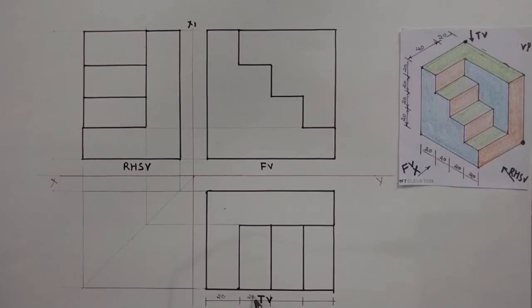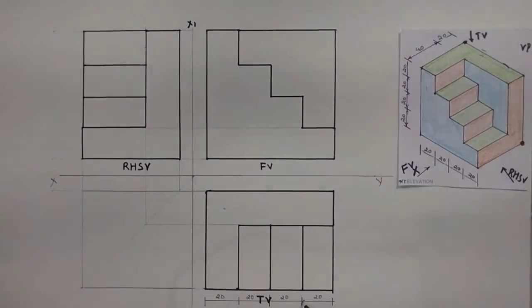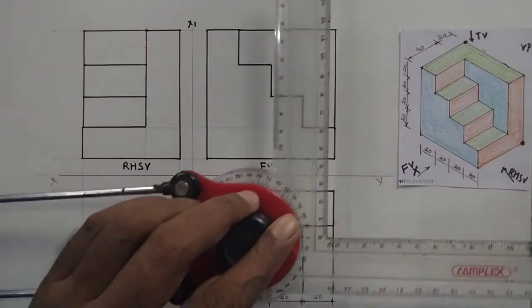So I mark the 20 and bound it with arrows. So it is called dimensioning. And you should always write your dimension at the center of the dimension line, on the top part.